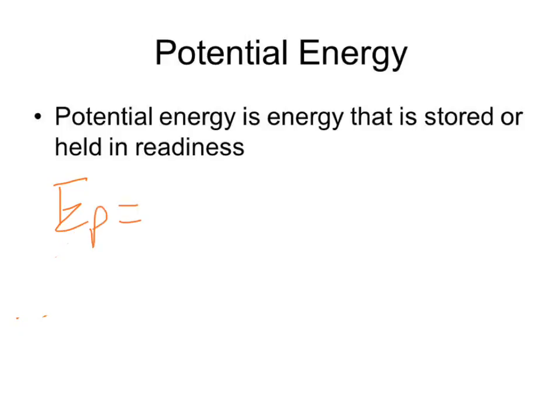Now from previous lessons we talked about how with gravitational potential energy, especially on Earth here, you need the gravity constant, and therefore you also need a mass. And one more thing that you need within potential energy is you need to be held over the surface of the Earth. So therefore, putting those three things together, the potential energy is mgh, where m is mass, g is the gravity constant, and h is height.